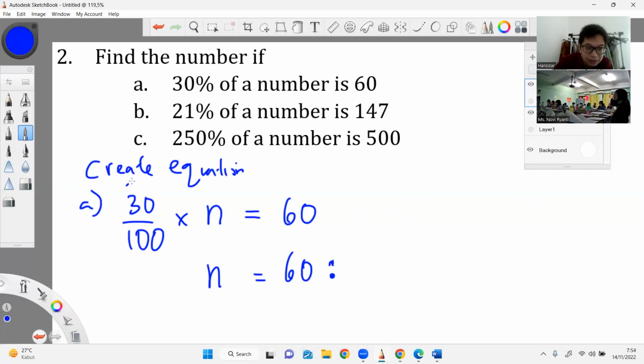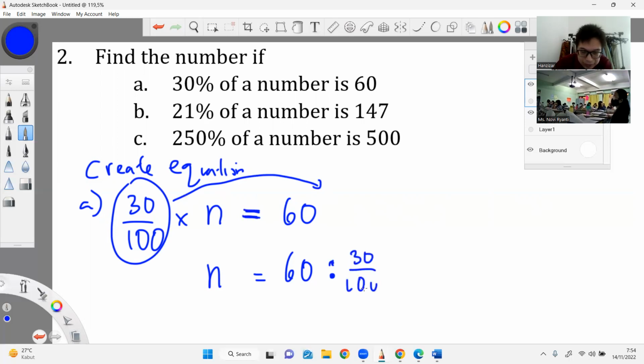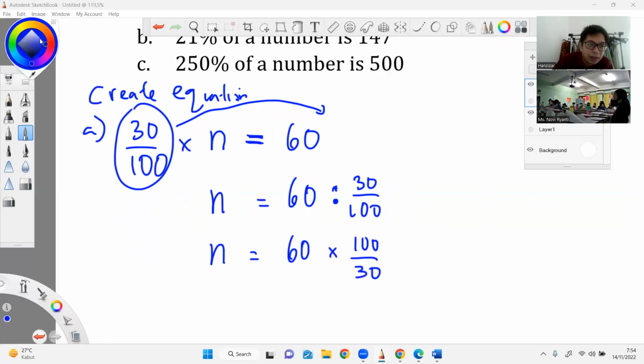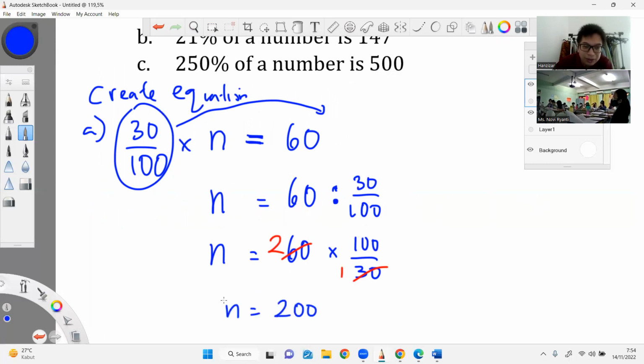You do the flip operation, and you simply multiply 60 by 100 over 30. You can do the crossings, 2 and 1, and you get the answer of 200, 2 times 100. So the number is 200. So 30% of 200 is 60.